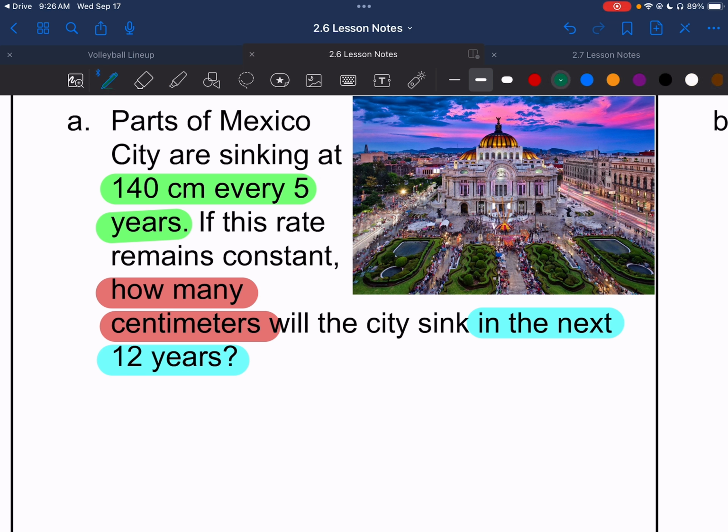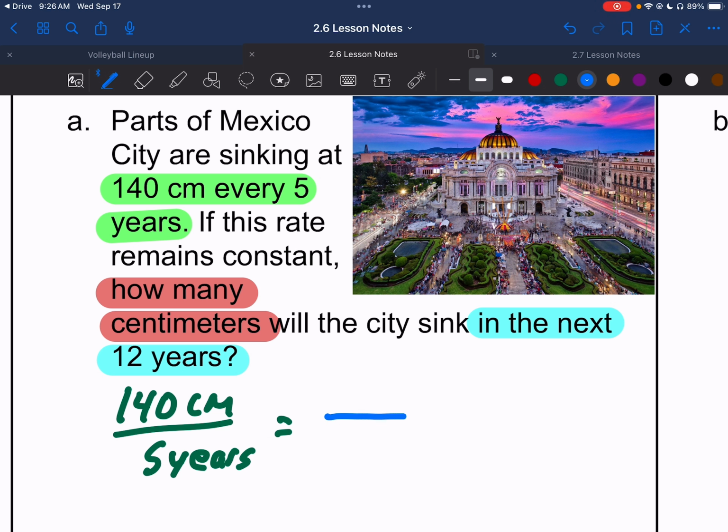So we're going to go ahead and set up a proportion. And we have our first ratio, 140 centimeters over 5 years. Now, normally you haven't seen me writing units into our work before, but here I want to do that specifically because when we set up these proportions, we want to make sure that our units are matching in each part of the fraction so that we are saying the same things are related.